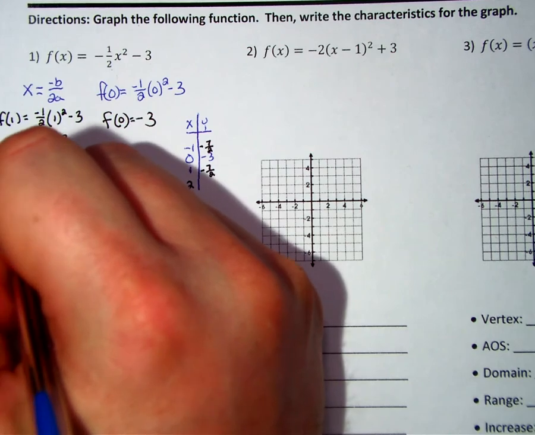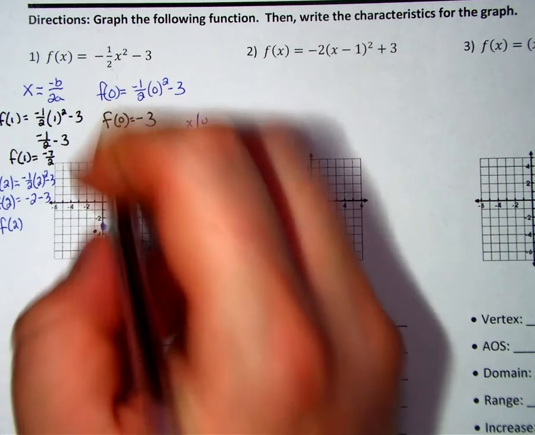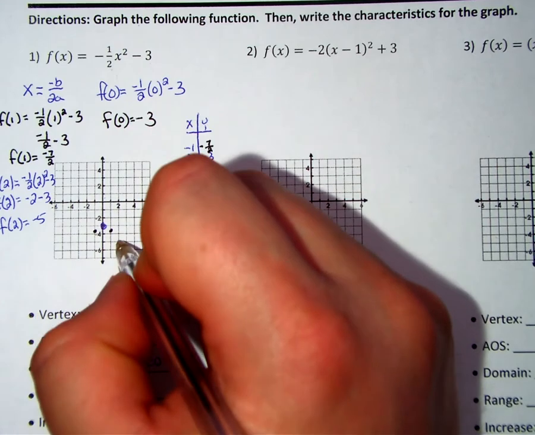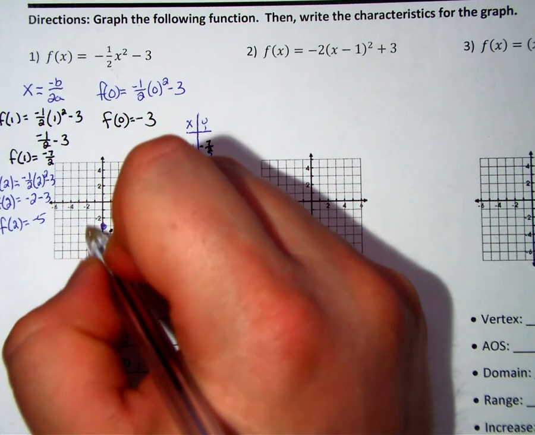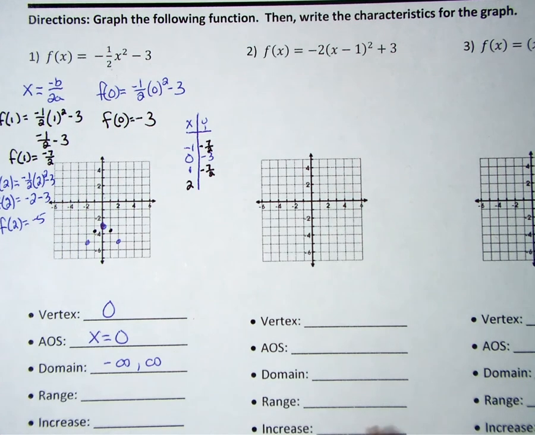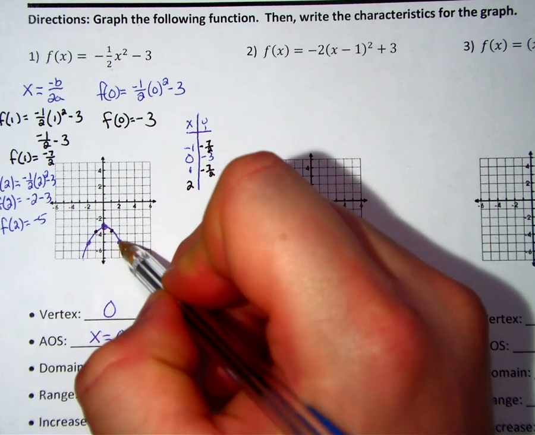So f of 2 is equal to negative 5. 2, negative 5. Negative 2, negative 5. And now we've got a good sense of the movement on our graph, so we can connect the dots.